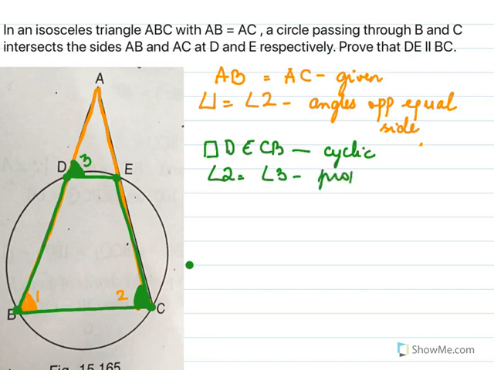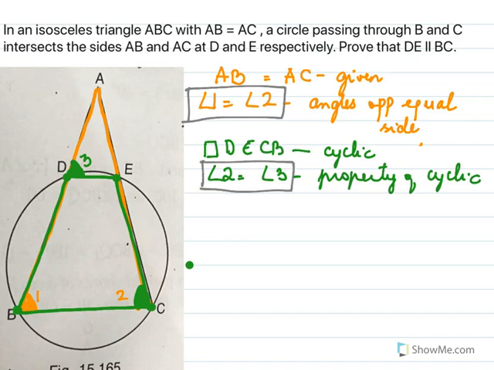This is the property of cyclic quadrilaterals. So here I have 1 equal to 2, and here I have 2 equal to 3. If I put them together, I have 1 equal to 3.